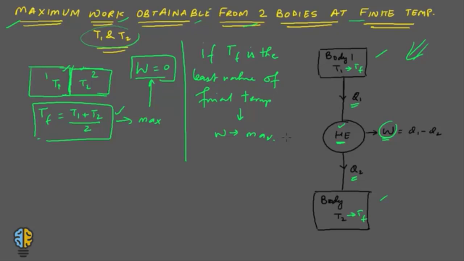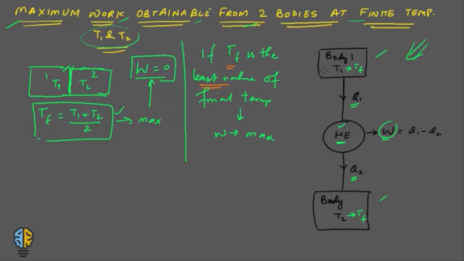So the lowest attainable final temperature corresponds to the delivery of the largest possible amount of work, and is also associated with a reversible process, because the maximum work output can only be obtained in the case of a reversible process.